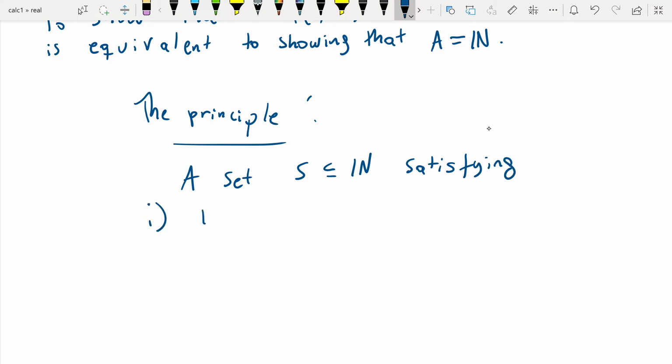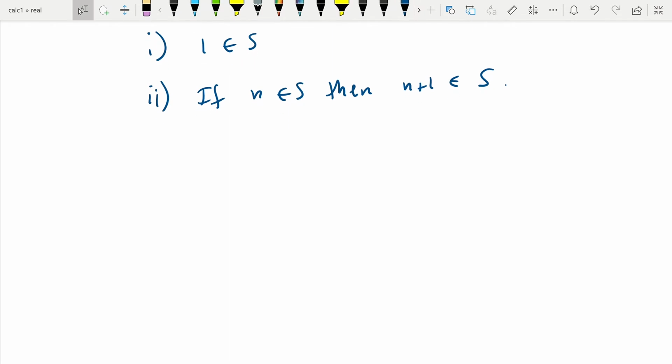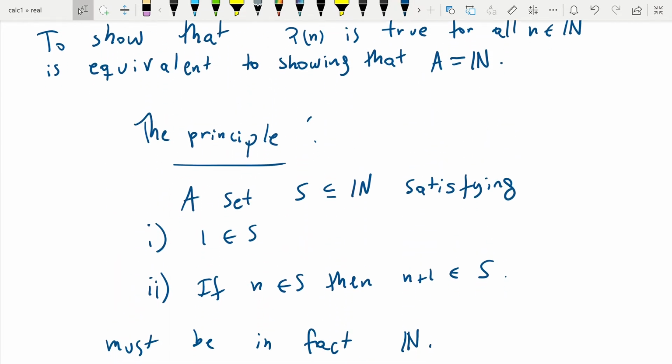The first one is that 1 is in S. So the natural number 1 belongs to the set S. And the second: if n belongs to S, then n plus 1 belongs to S as well. Then S must in fact be N. This is how we can summarize things.